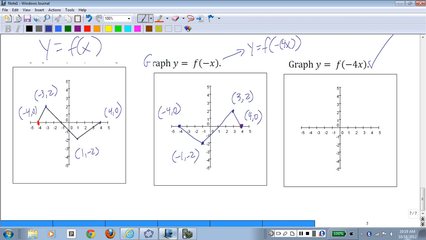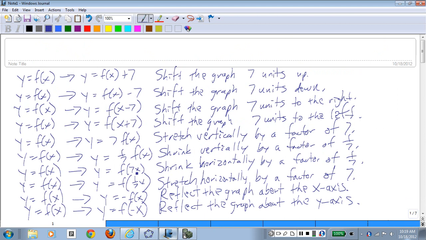But if we think about it as a substitution, when we substituted 7x for x way back here, what was that supposed to do? It was supposed to shrink the graph horizontally by a factor of 1/7. X could get by with being 1/7 is great because we're going to multiply by 7.